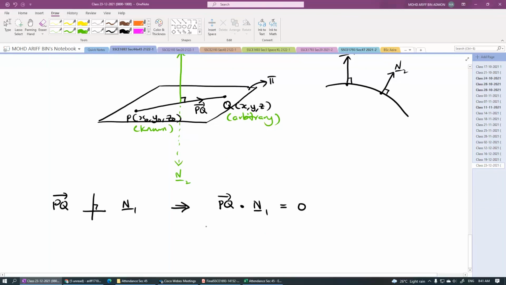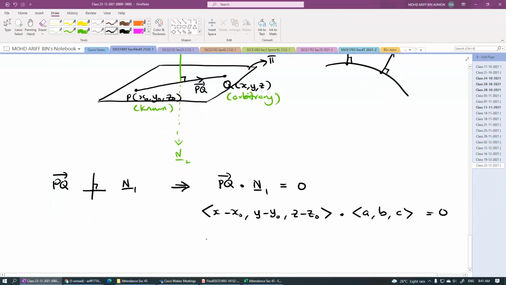Q minus P. So you get x minus x naught, y minus y naught, and z minus z naught. That is actually the vector PQ. And what is your n1? Let's say we use ABC here. When you perform this dot product, you get a(x minus x naught) plus b(y minus y naught) plus c(z minus z naught).